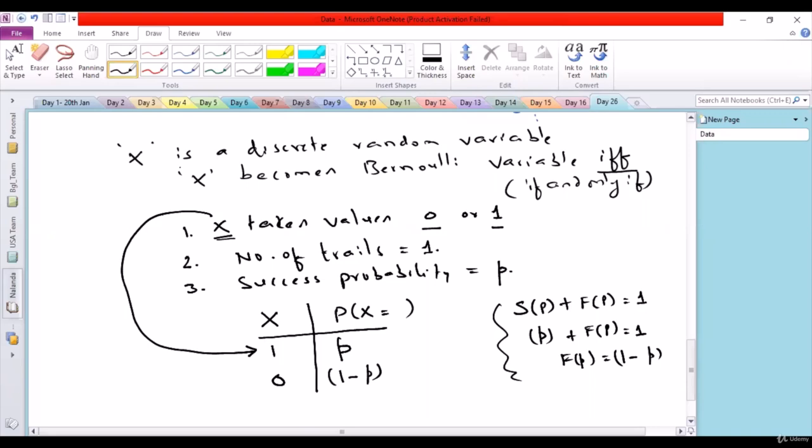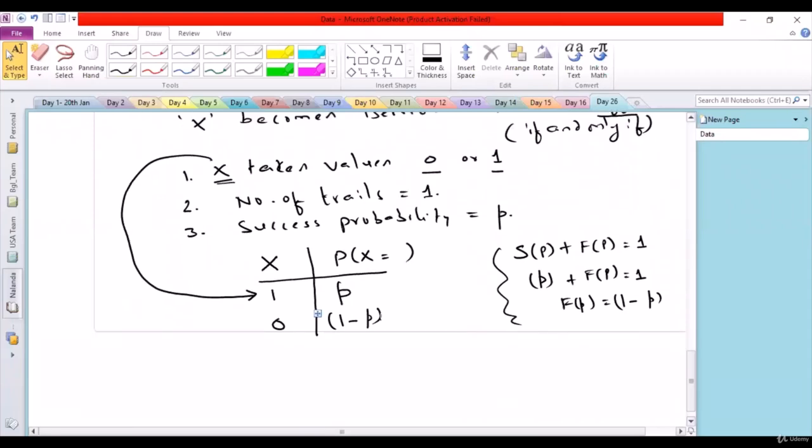Are you with me? In such a situation, for this Bernoulli random variable, because we are talking about the probability distribution of discrete random variables, the probability function is called the PMF, probability mass function.